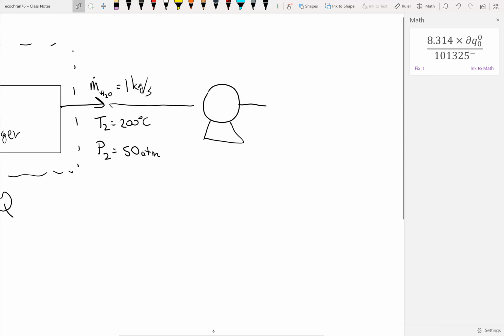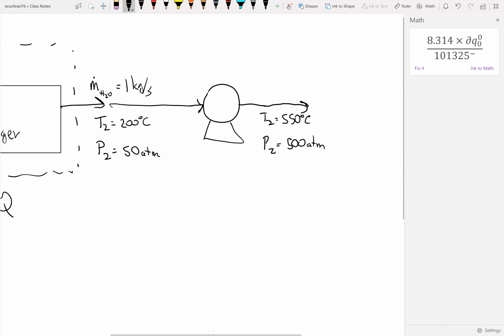Okay, so now we've got some hot, high pressure water going into a pump. And again, we have an open system for this pump, right? So we've got a kilogram per second of water going in and another kilogram going out, and maybe the pump does something to the temperature and pressure as well. The pump is probably going to get an arrow as well, because it required a lot of energy to change the temperature and pressure of the water the way that it did.